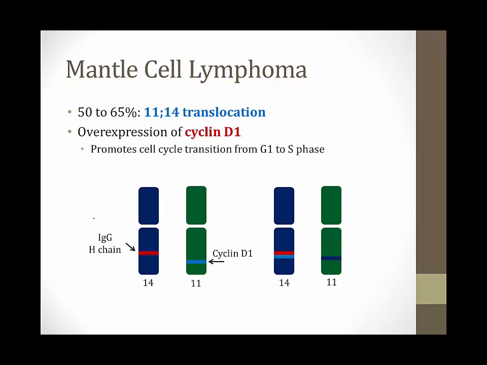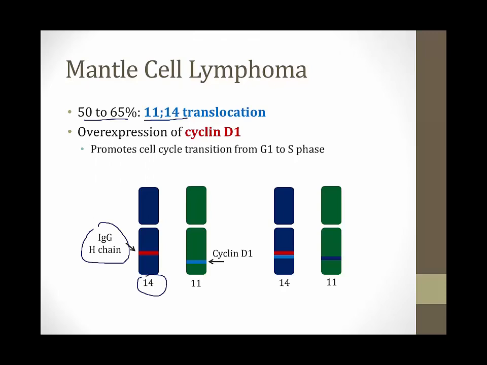When we talked about follicular lymphoma, we talked about how a translocation between chromosomes 14 and 18 was common, and it turns out that a number of the non-Hodgkin's lymphomas have a particular chromosomal translocation that commonly occurs. In the case of mantle cell lymphoma, more than half of cases have a translocation between chromosome 11 and chromosome 14. If you look at the bottom of the screen, once again we have the Ig heavy chain on chromosome 14.